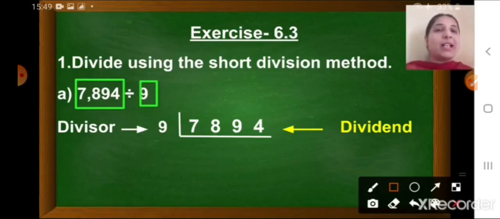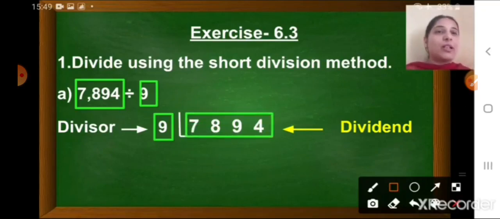So we will write divisor on the left hand side, that you can see we have written 9 here, and that dividend we will write on the right hand side, that you can see, 7894.